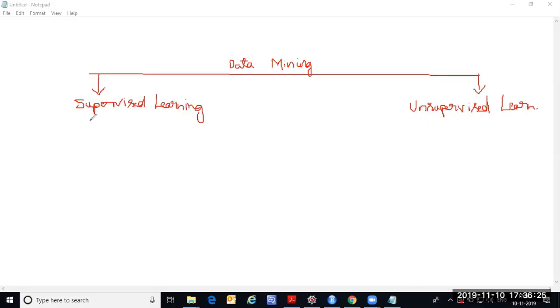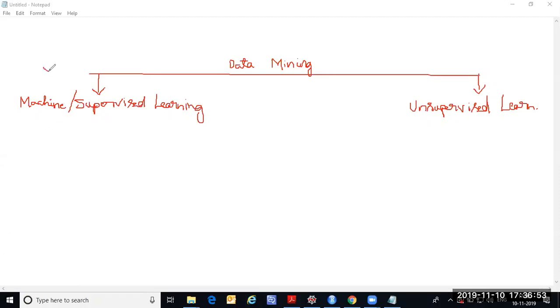Right? Supervised learning is also referred to as machine learning. When do we go for supervised learning? When do we go for unsupervised learning?